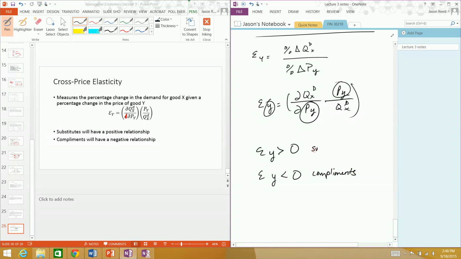And so these were substitutes. So this says that as the price of Doritos increases, the percentage change in quantity of Pepsi should fall, right? And these two goods are consumed together, or chips and salsa, hot dogs, hot dog buns, right? These are the complementary goods that we would notice in this relationship.